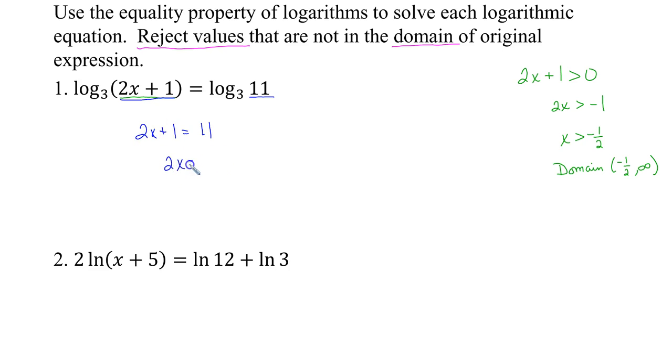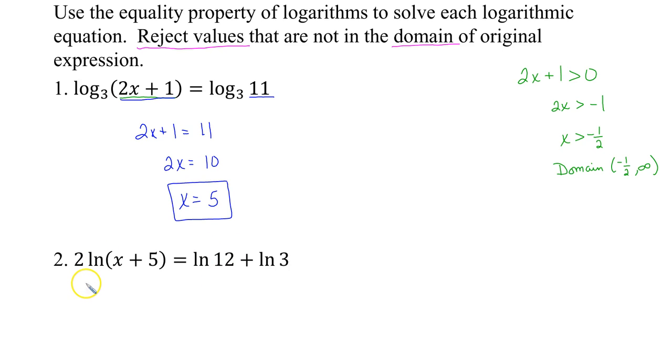That gives us 2x is equal to 10, and then dividing both sides by 2, we get x is equal to 5. Since 5 is in the domain of my expression, then 5 is the solution. So this is the solution for this equation.